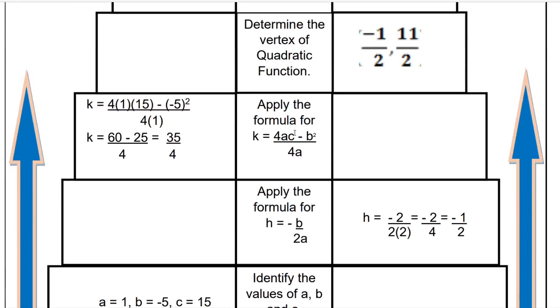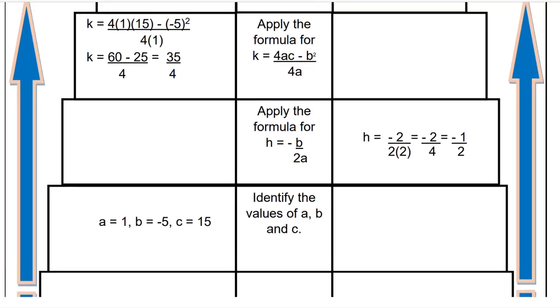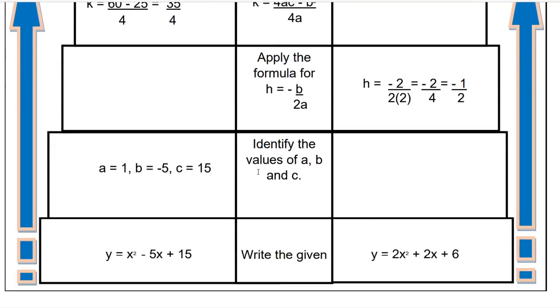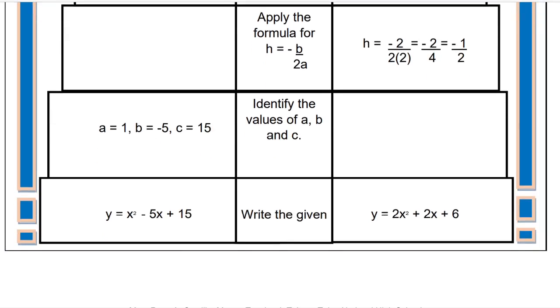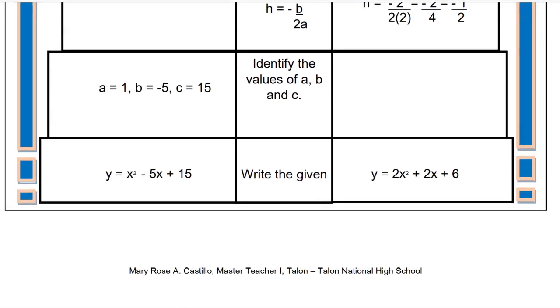Okay, applying the formula, then you have here for K, the value of K. Then applying the formula for H, that is your H. Then identifying the values of A, B, and C, then you have here, and write the given.